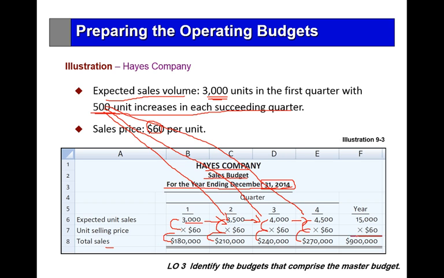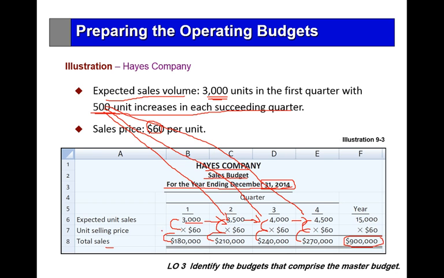And the total for the year, we anticipate the total of these 4 quarters is 900,000 units, or simply 15,000 units multiplied by $60 per unit, we have $9,000 in total sales.